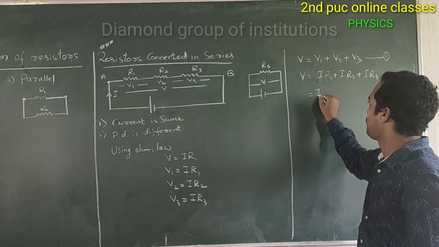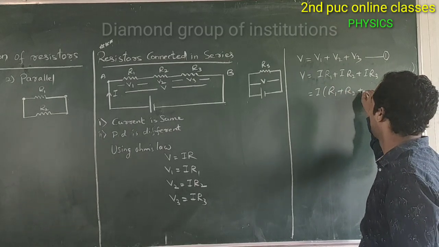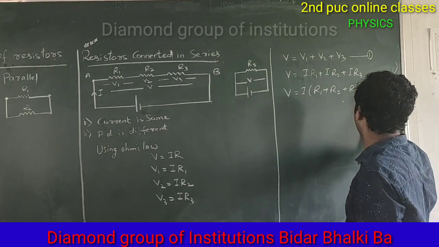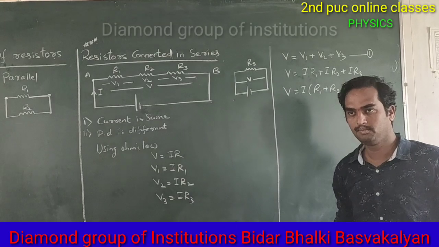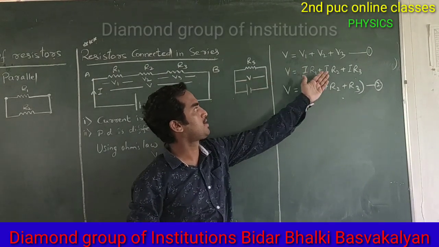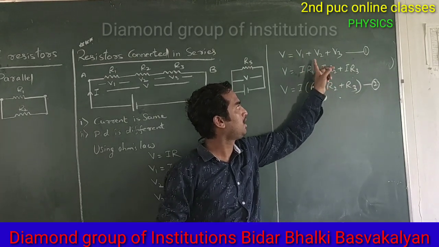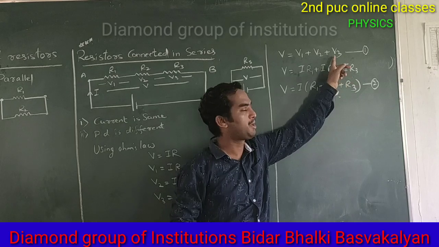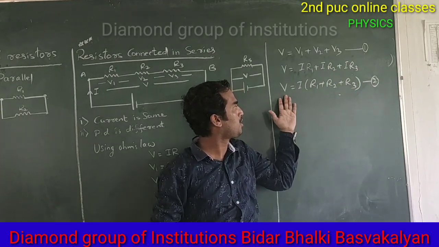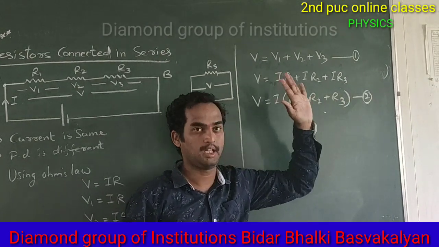Taking I common, we can write I into R1 plus R2 plus R3. This is equation number 2. Once again, V equals V1 plus V2 plus V3, and substituting I R1, I R2, I R3, we get V equal to I into R1 plus R2 plus R3.